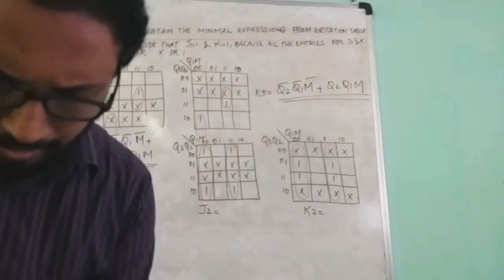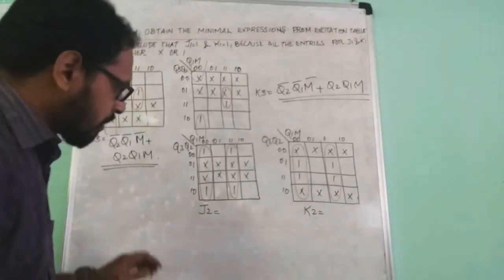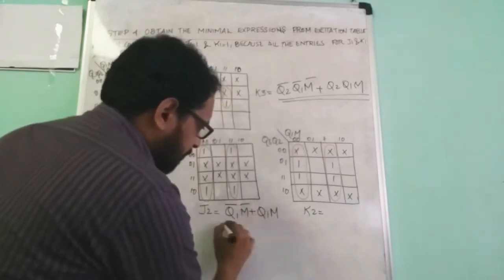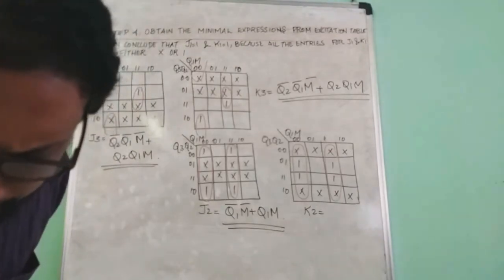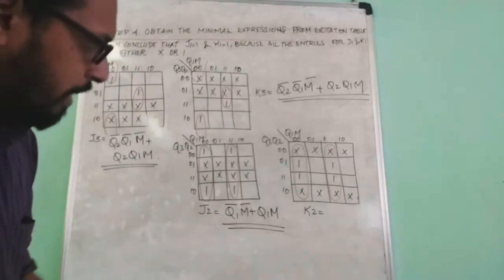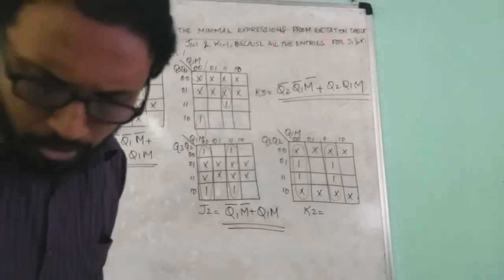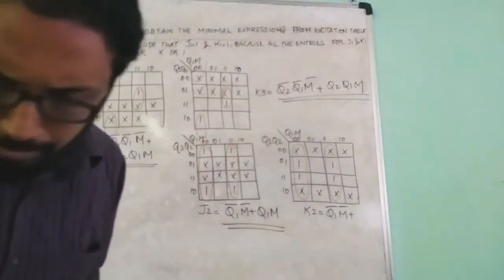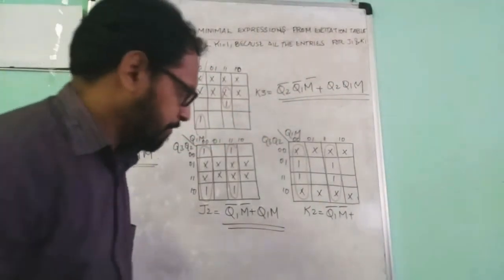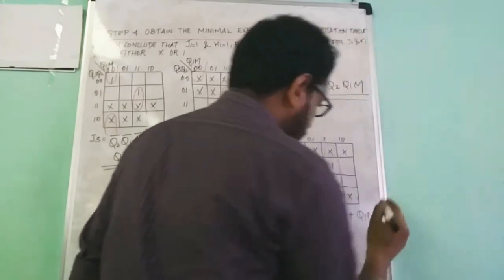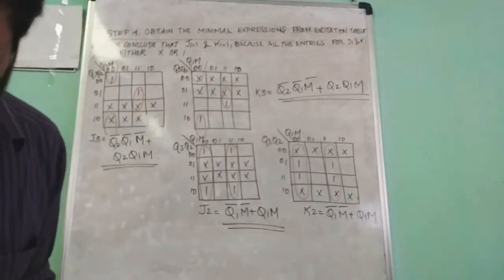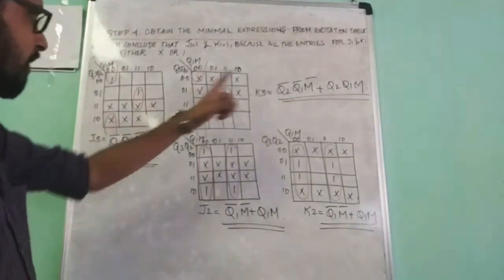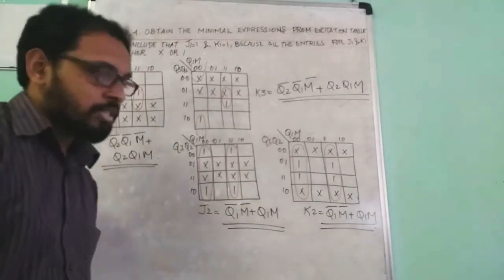Okay, and solving J2, we get Q1 bar M bar plus Q1 M, and K2 is also Q1 bar M bar plus Q1 M. Thus we understand that J3 and K3 hold the same value and J2 and K2 hold the same value.